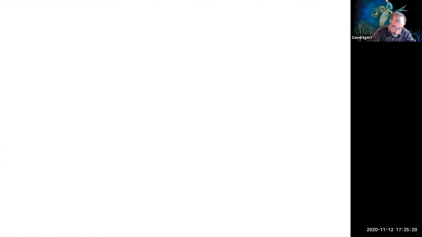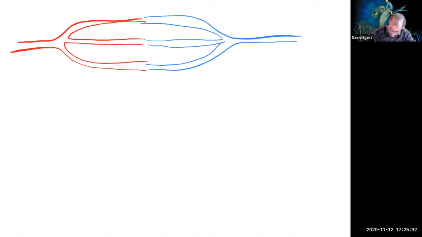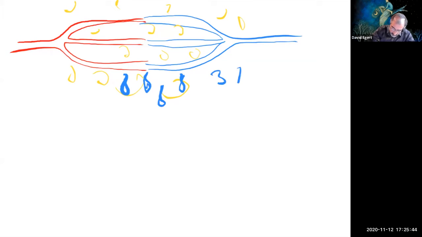So again, this is just a capillary bed going through my tissue. And like I said, 3 liters leaked per day.